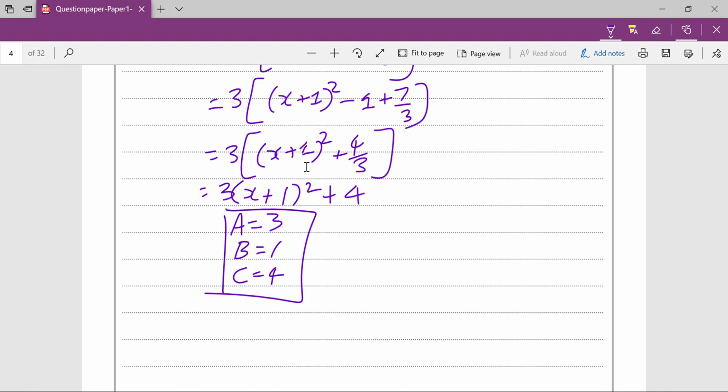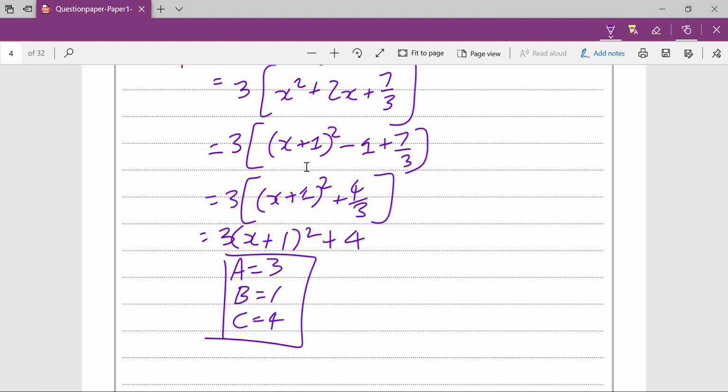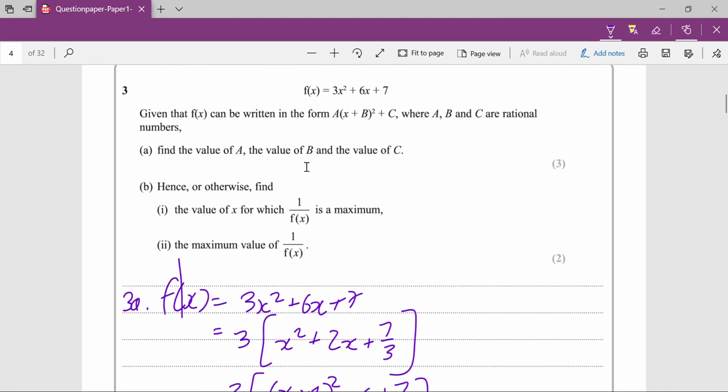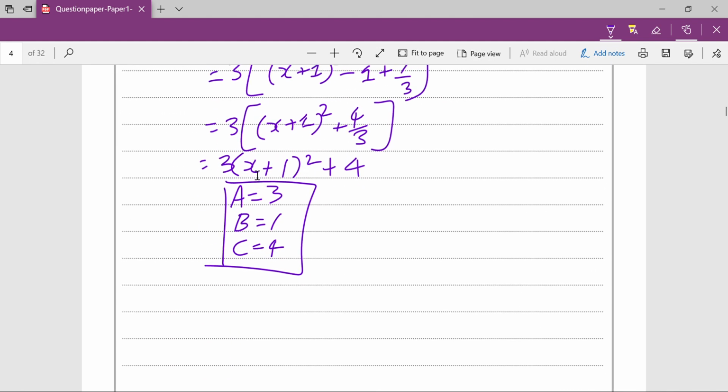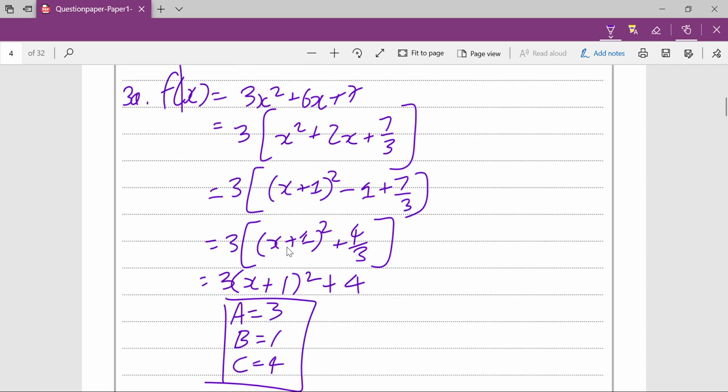So f(x)'s minimum is the lowest that it goes, the closest to 0 that it goes, and so therefore the greatest value of 1 over f(x) would be 1 over 4, because when x is -1, this squared term becomes 0, that's the minimum. The squared term can only ever be 0 or greater. So when it's 0, that's the minimum. x must be -1.